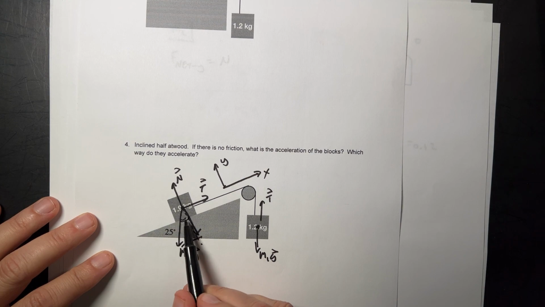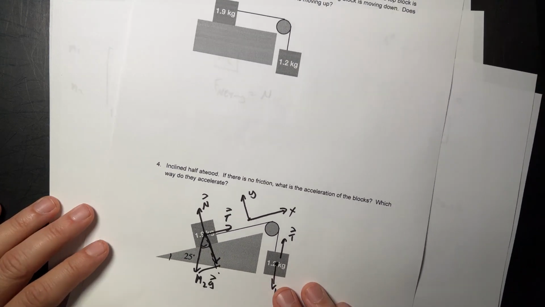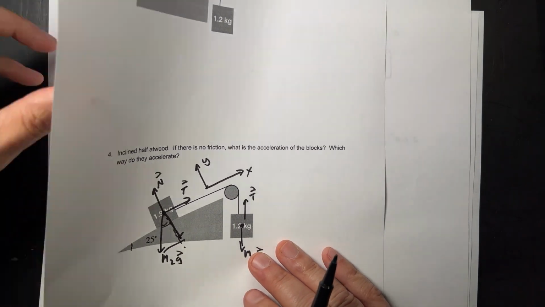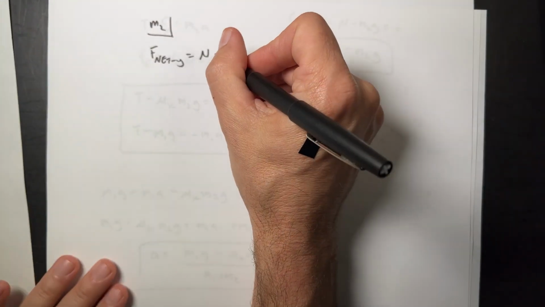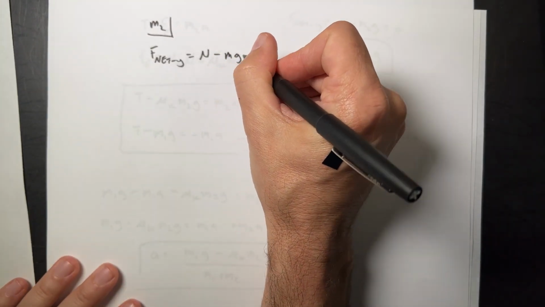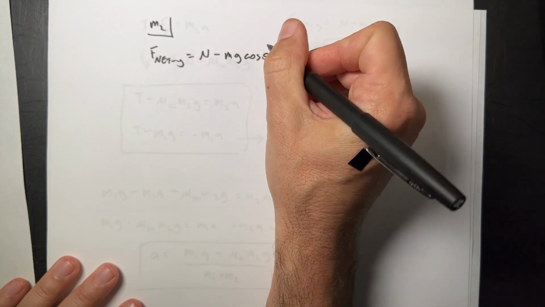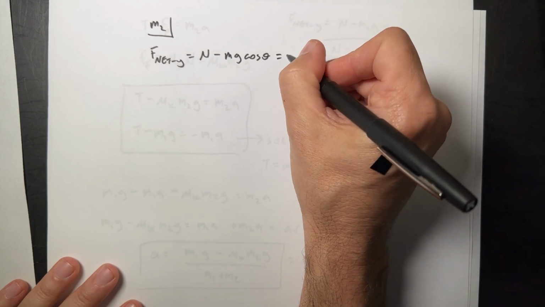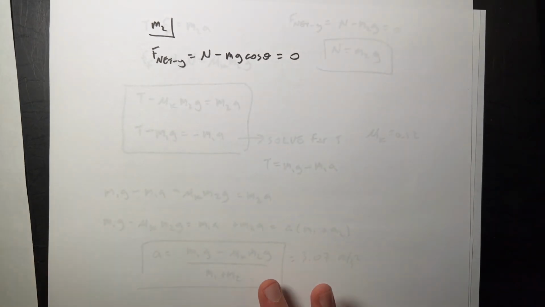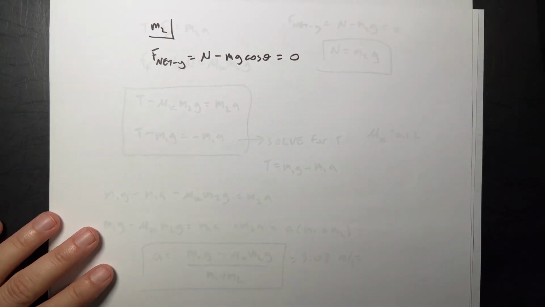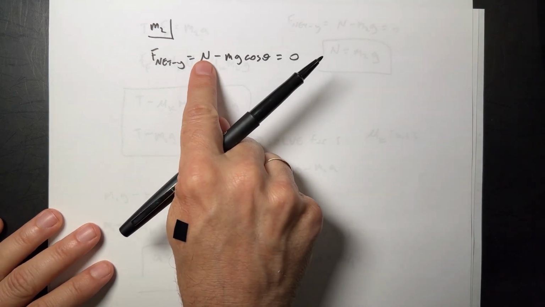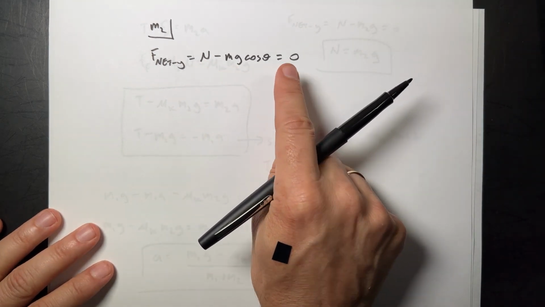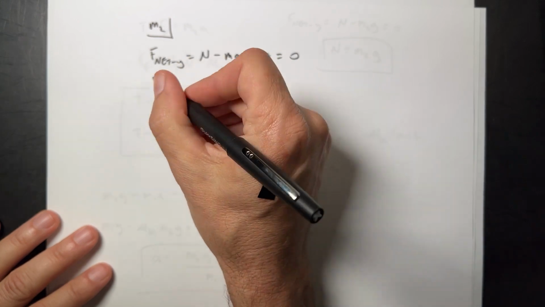This angle is 25 degrees. So we're going to look at the cosine. I'm going to just call it theta, and then we'll put in theta later. So I'm going to say minus mg cosine theta. Cosine, because I'm looking at the adjacent side, and that's equal to 0. Now, I could take this and solve for the normal force, because I know everything else, but I just don't care. So we're not going to.